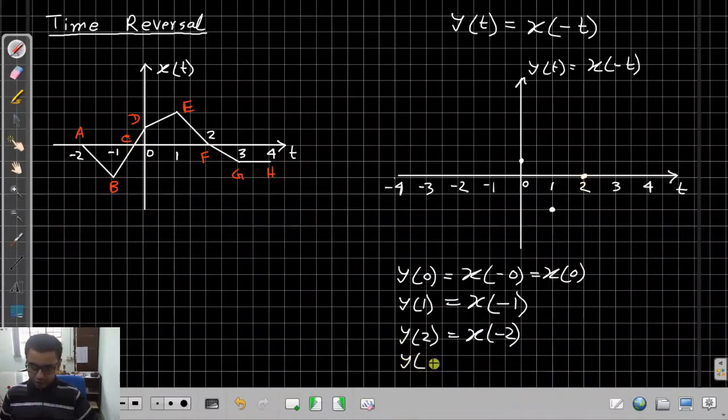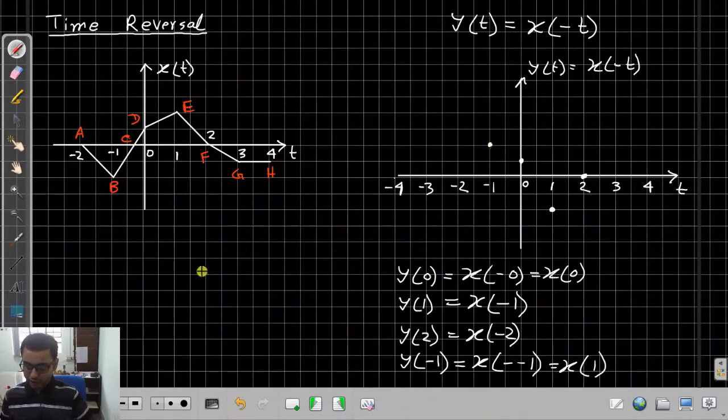Y of minus 1 will be the same as x of 1, and x(1) is 2, so here we will put 2.